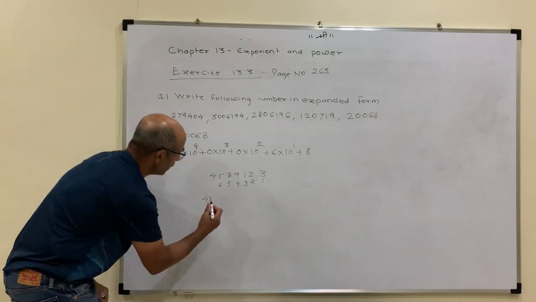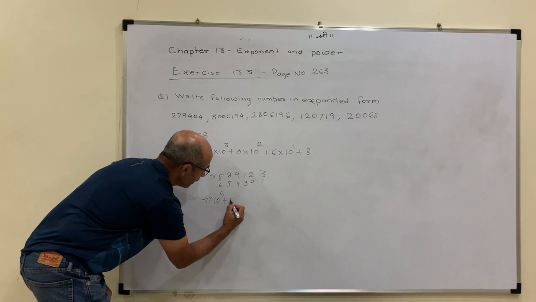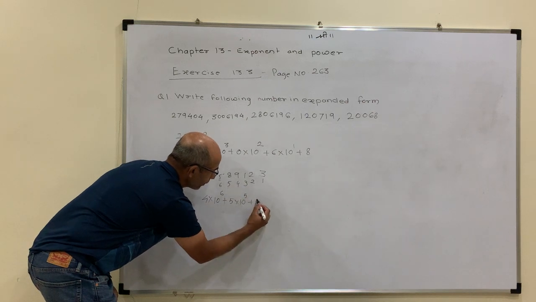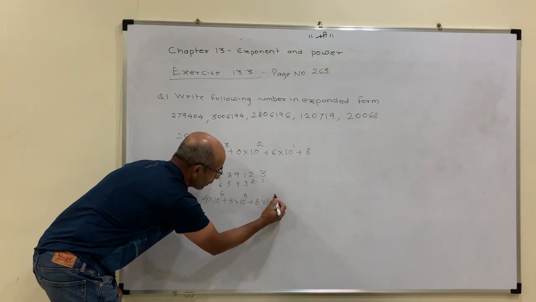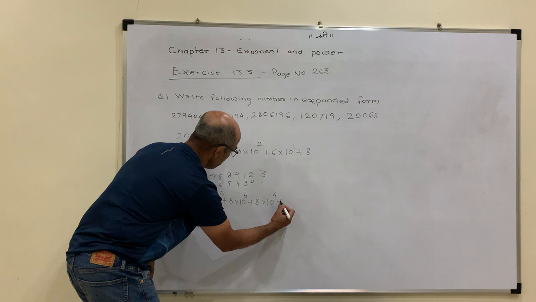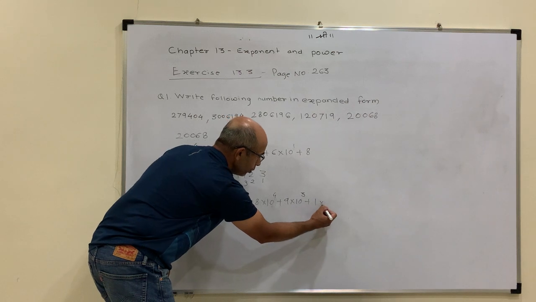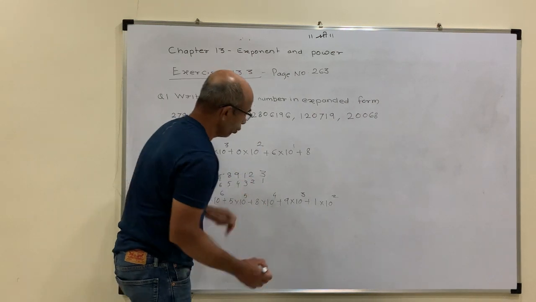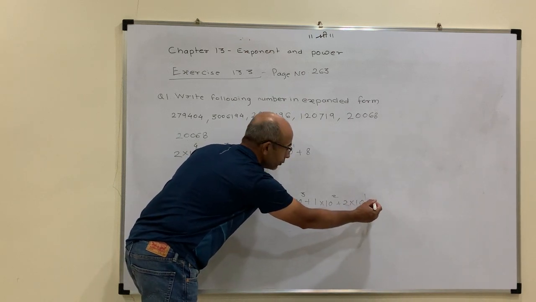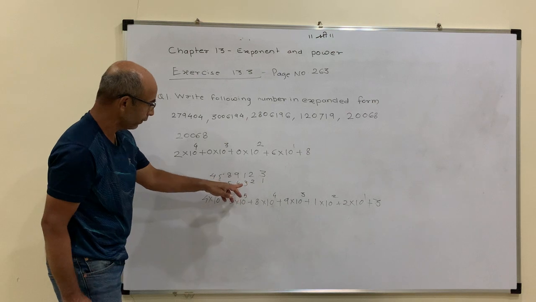So now 4 into 10 raised to 6, then plus 5 into 10 raised to 5, plus 8 into 10 raised to 4, then plus 9 into 10 raised to 3, plus 1 into 10 square, then 2 into 10 raised to 1 and then plus 3. So you can find it like this as well.